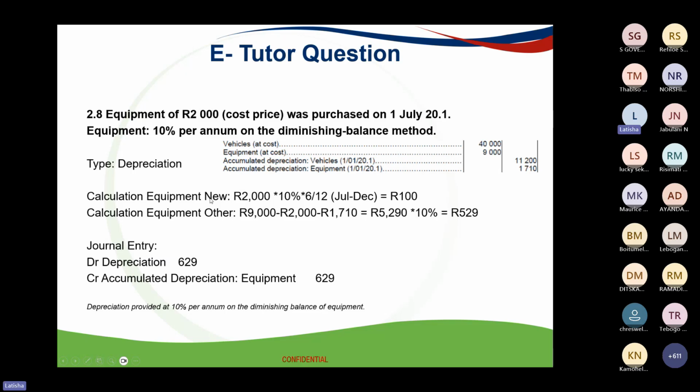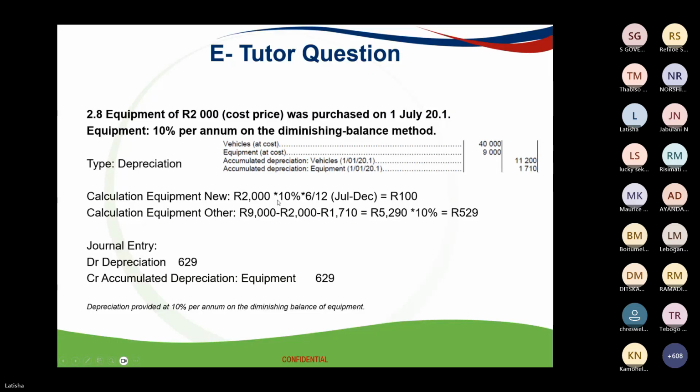So for the new equipment, you would take the 2,000, which is the new equipment. In this case, it's diminishing balance method, so you would normally minus the accumulated depreciation. But because it's the first year and we've only had this for 6 months, it's the first time we're calculating depreciation, you would minus 0 because there is no opening balance of accumulated depreciation.